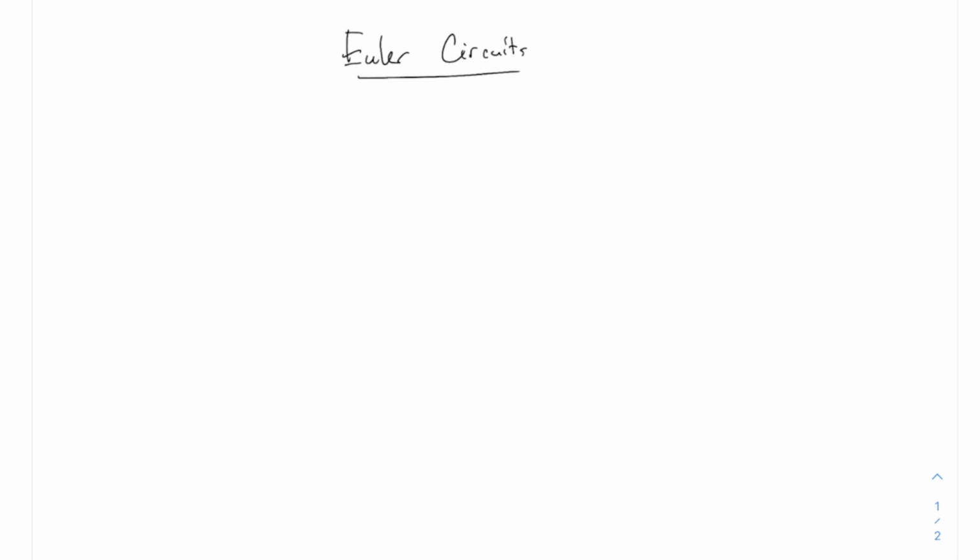We were talking at the end last time about Euler circuits. This is the first kind of graph theory problem that we're talking about in detail. An Euler circuit, remember, is a path starting and ending at the same point, the same vertex. That's what circuit means.